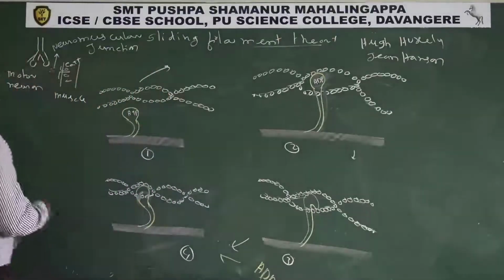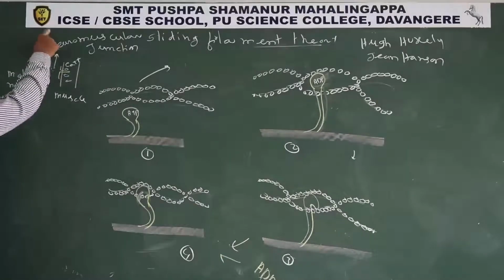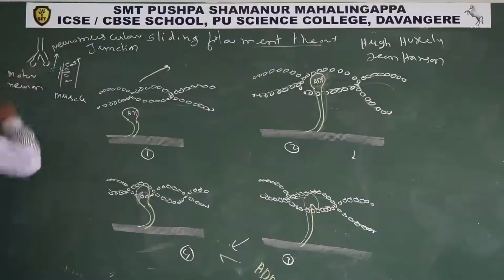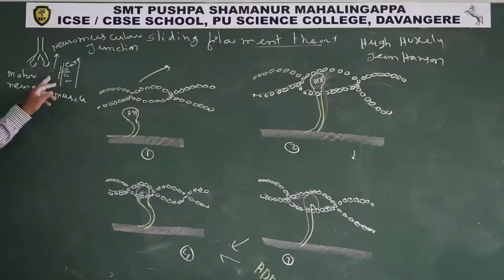Once again, the sliding filament theory successfully explained muscle contraction. Hugh Huxley and Jean Hanson explained the sliding filament theory. The central nervous system sends a message to the muscle via the motor neuron. The motor neuron releases the message in the neuromuscular junction. From the neuromuscular junction, the T-tubule receives the message.